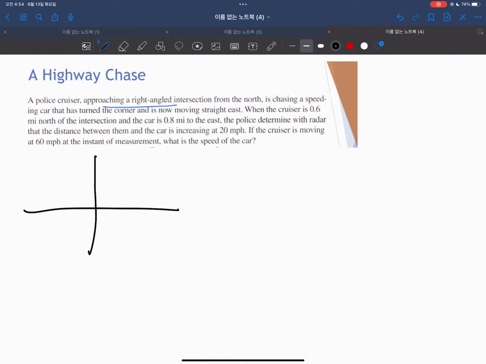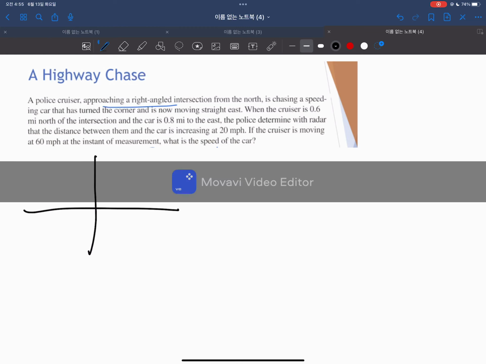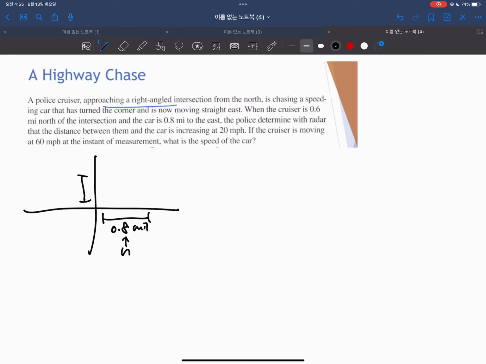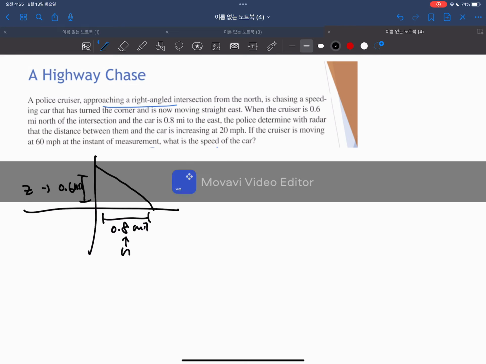For the car, it is 0.8 miles to the east. We will call this h. And the cruiser is 0.6 miles north, and this is going to be z.